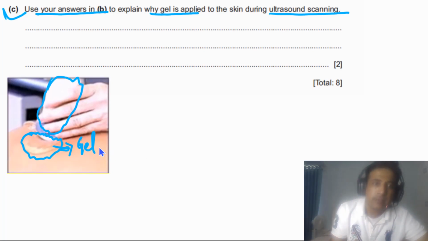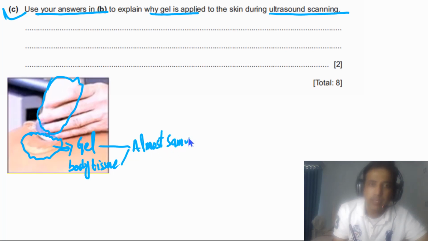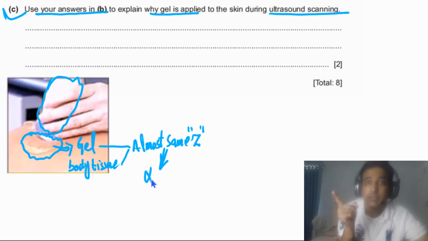The reason is that gel and the body tissue have almost the same acoustic impedance, means the same value of Z. If the same value of Z, it means that alpha R, the intensity reflection coefficient, is close to 0.